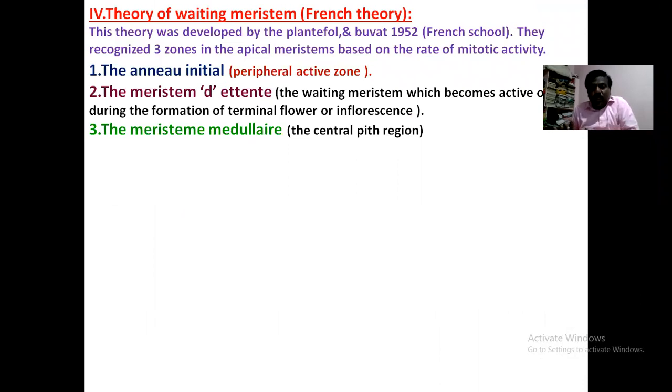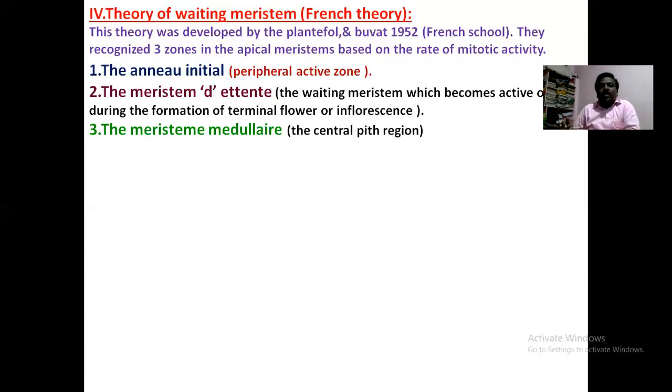The first zone observed by those scientists is the initial peripheral active zone, also called the peripheral active zone. That is called the initial. Next is the waiting meristem, which becomes active during the formation of the terminal flower and inflorescence.